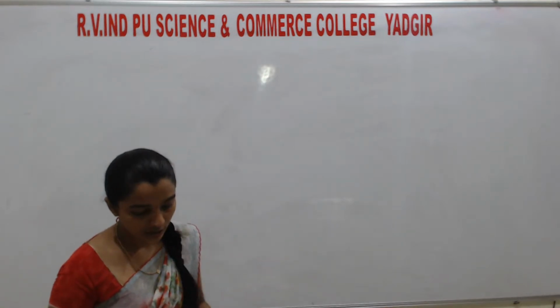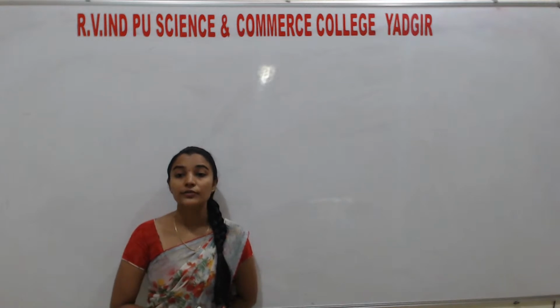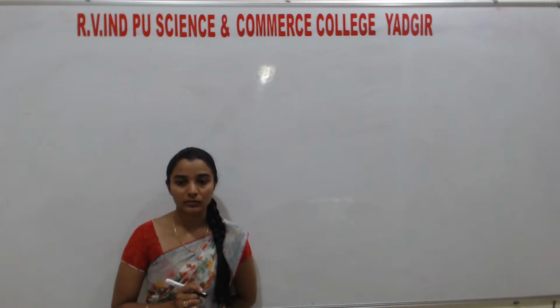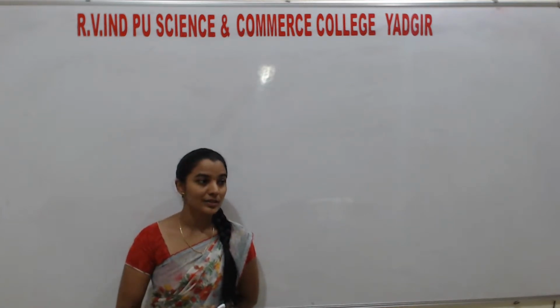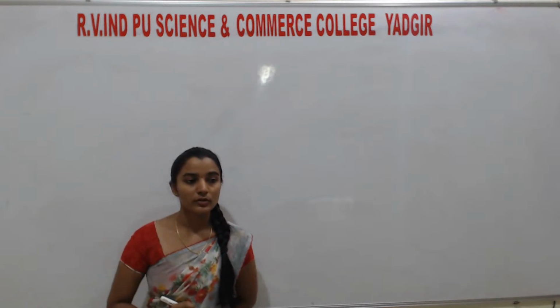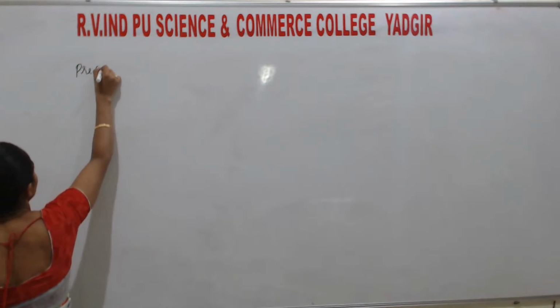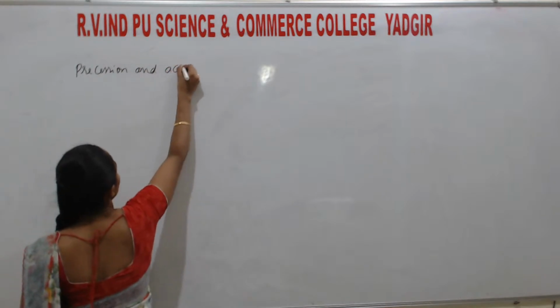Okay, so the next terms are precision and accuracy, that tell about especially significant figures. Significant means important. Okay, if any term is there in that, which one is considered as significant, as it is correct for that respective value. So before going to significant figures, I'll say precision and accuracy.